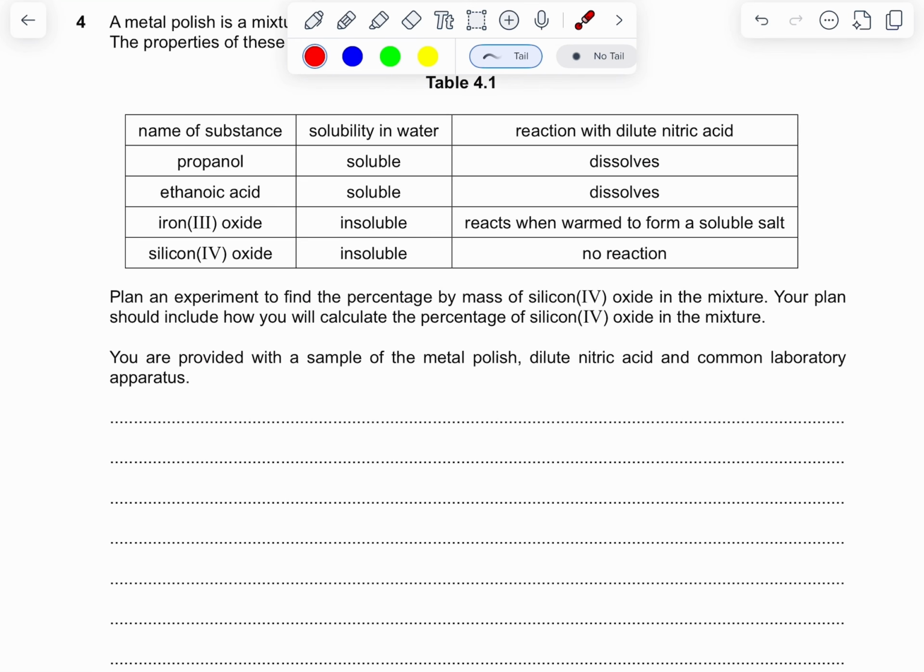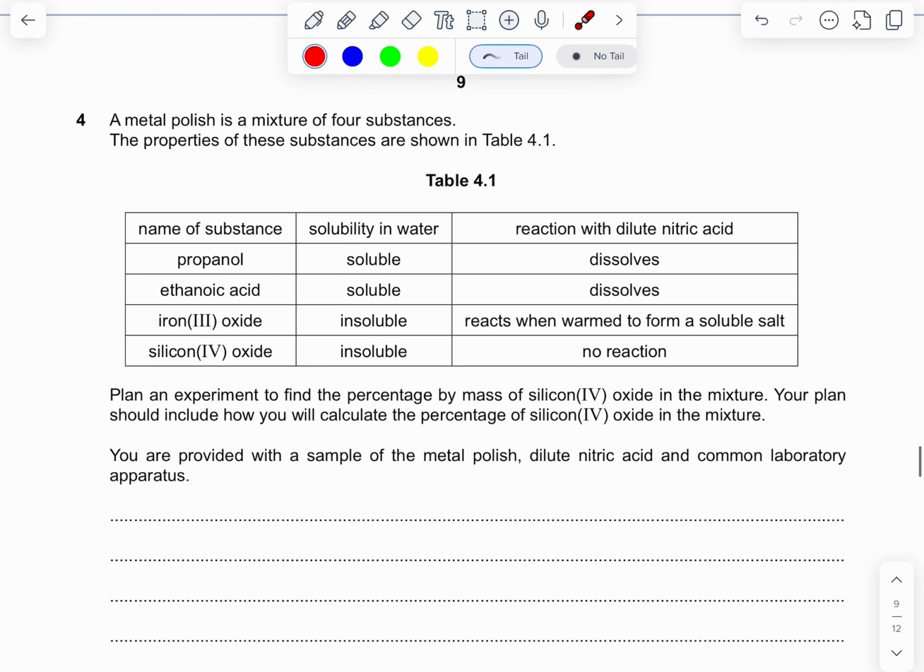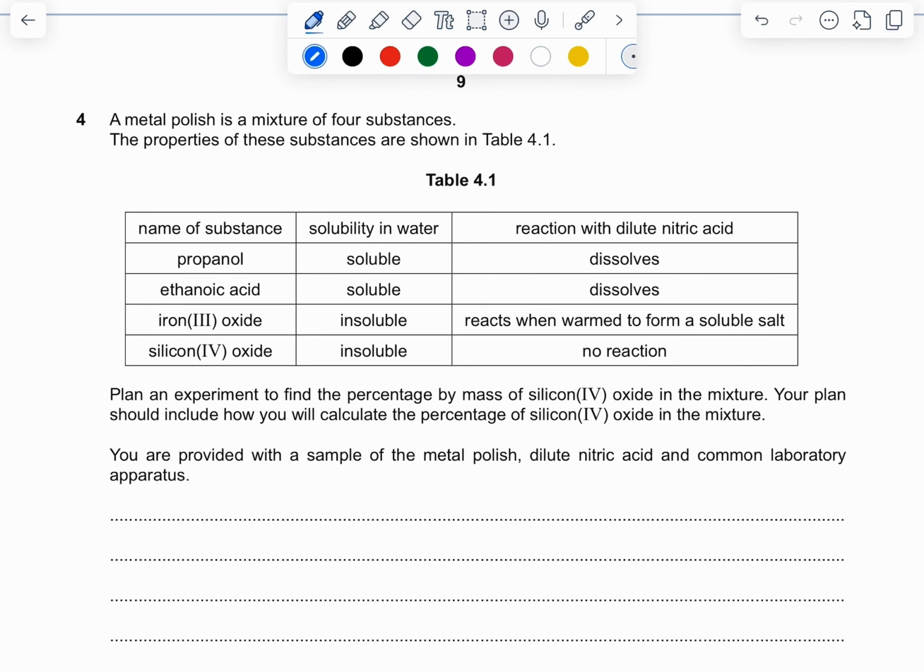Alright, a very easy question. How many marks is this? 6 marks. They are basically saying that let's suppose we have a box of polish made up of four things: propanol, ethanoic acid, iron(III) oxide, and silicon(IV) oxide.